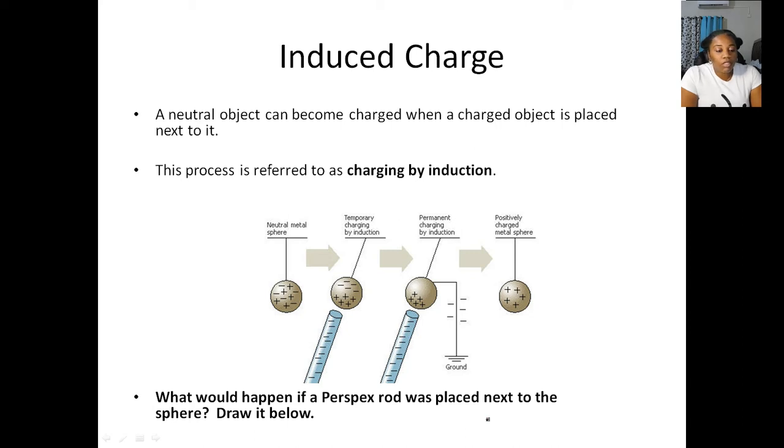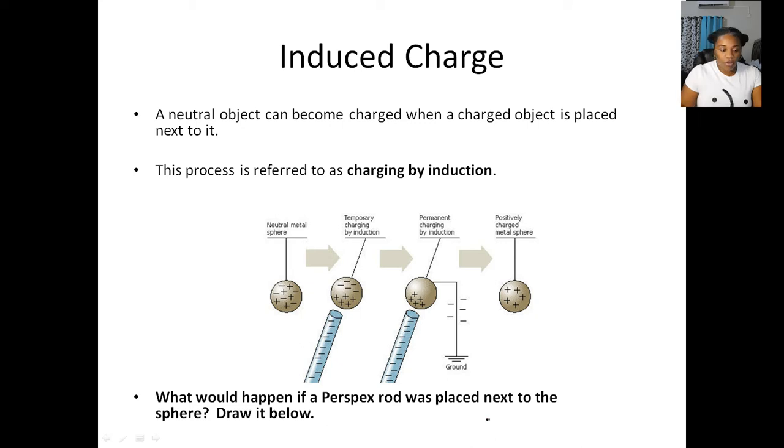I think that it would more likely turn out to be positive still, because all the negative charges would actually leave and enter the perspex rod. They would have somewhere to go, leaving this sphere positive, right?